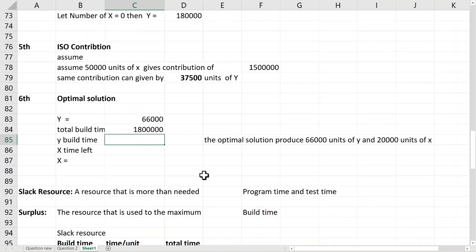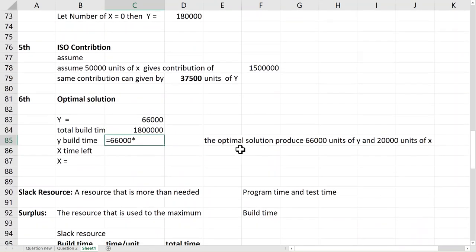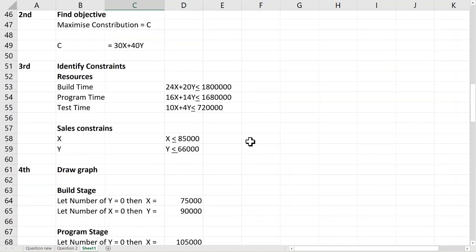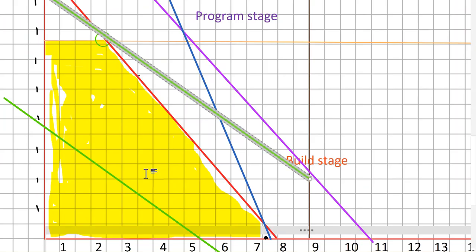If 66,000 units of Y are made, it would take 1.6 million minutes. The remaining 200,000 will be left for X. We divide this by 24, the usage of X, and it gives us 20,000 units exactly. So that means our calculation is correct.